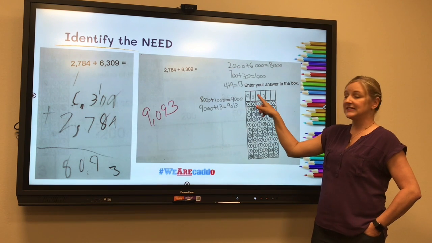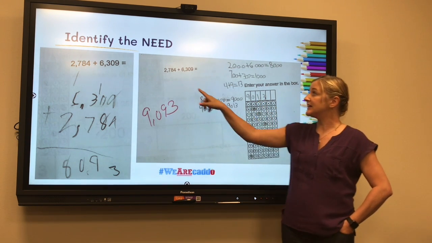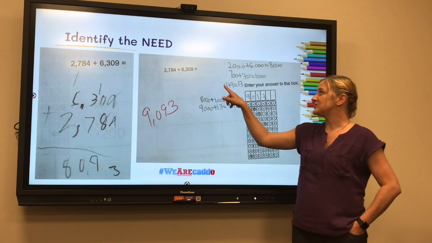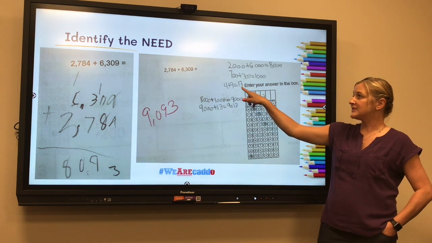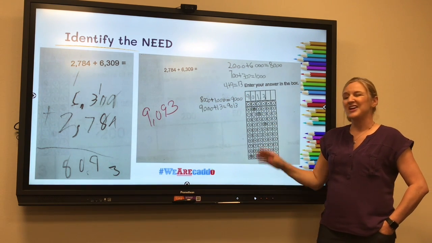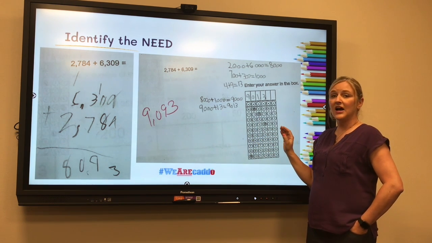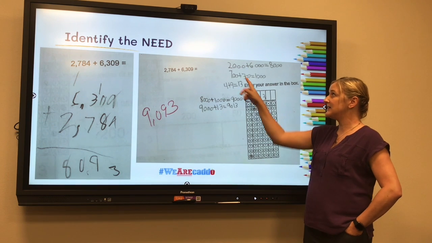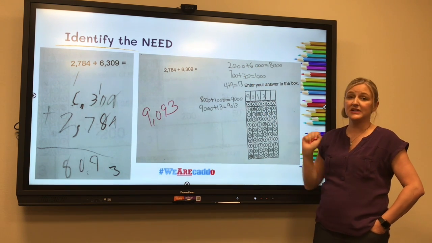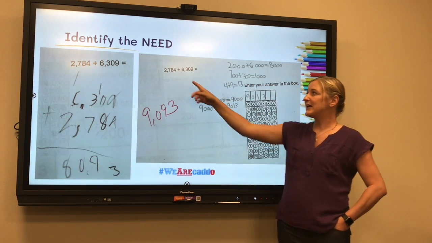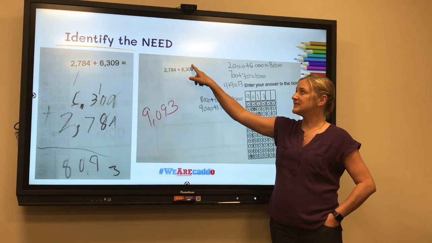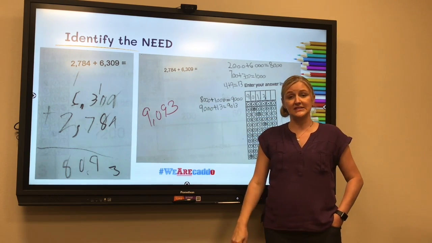That's why they didn't get the 9 tens in the tens place. They went ahead and just went straight into the ones. 4 ones plus 9 ones is 13 ones. So this, again, procedural skill and fluency, it would not be conceptual understanding because they do understand place value based on what we're seeing. They just made a very easy mistake in skipping over what was in the tens place.